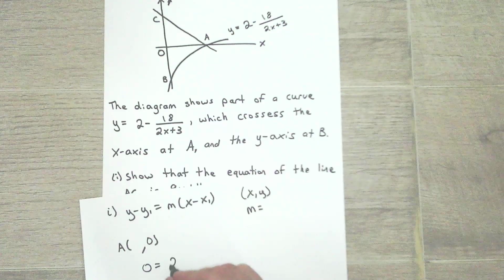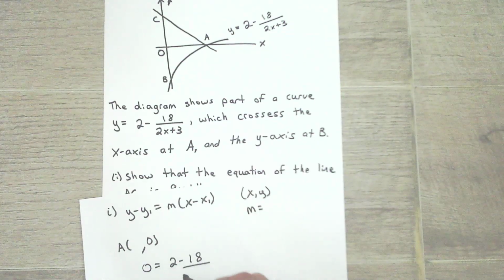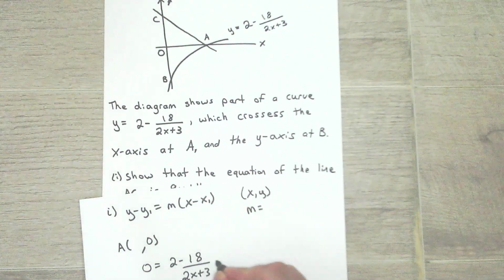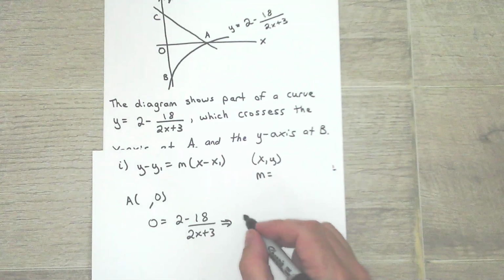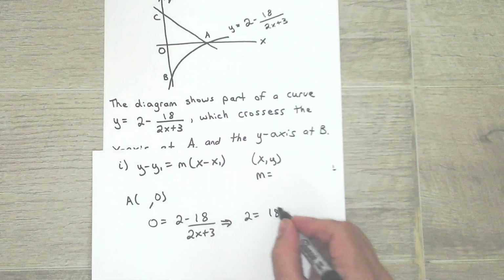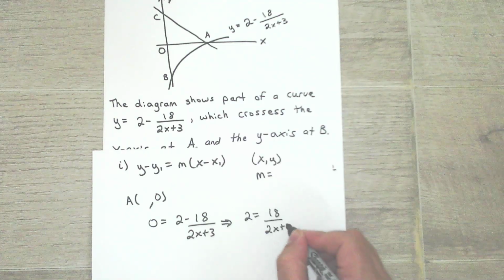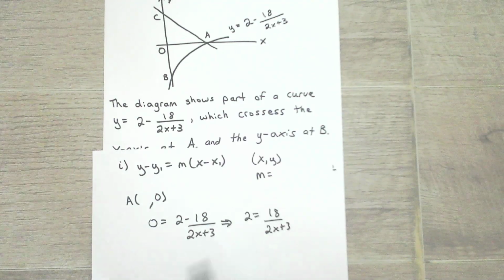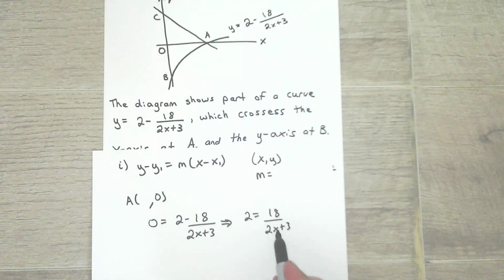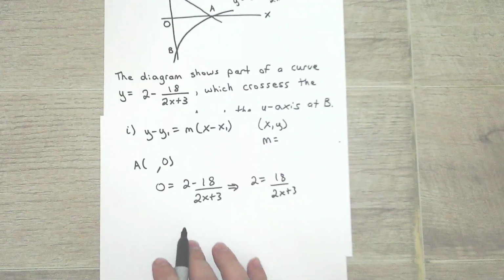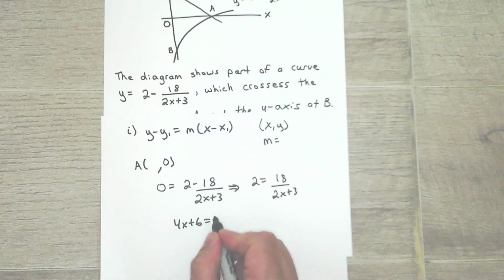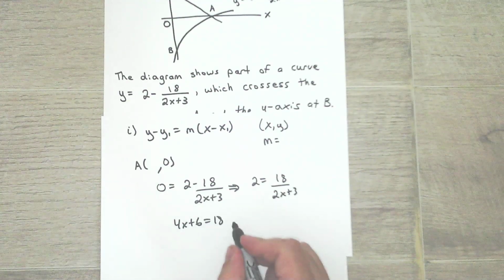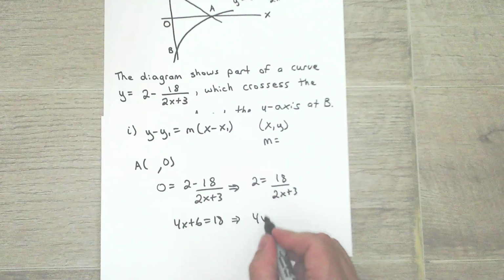So 0 equals 2 minus 18 over 2x plus 3. Okay. Add that term over to the right side. Multiply by this 2x plus 3 over to here. So I get 4x plus 6 equals 18. Subtract the 6.